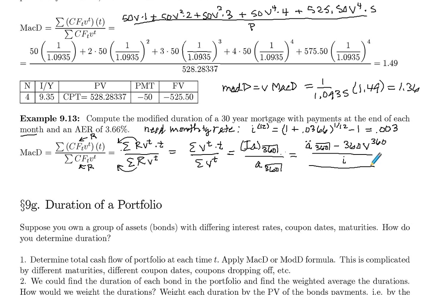And then that whole thing gets divided by a angle 360. And then if you invert and multiply, this is just ä angle 360 minus 360 v to the 360, and then divide by i times a angle 360.